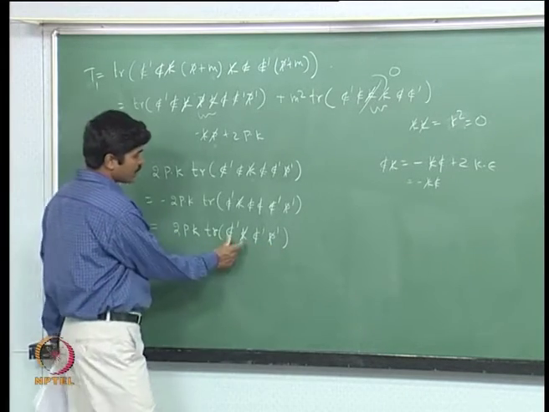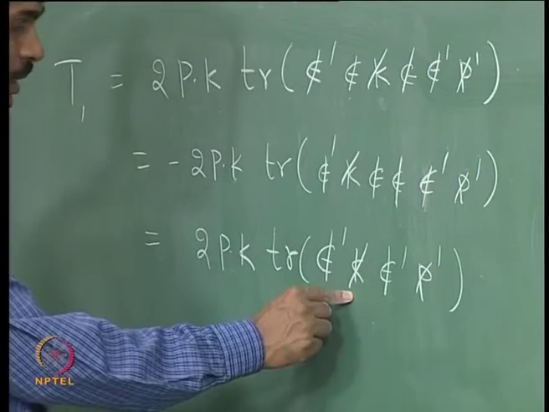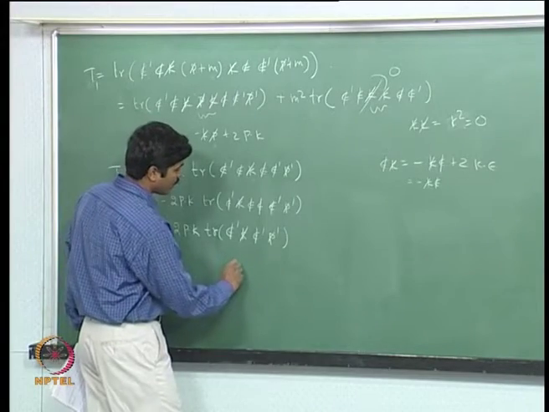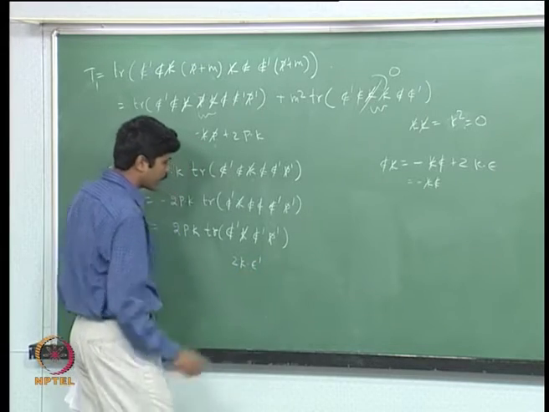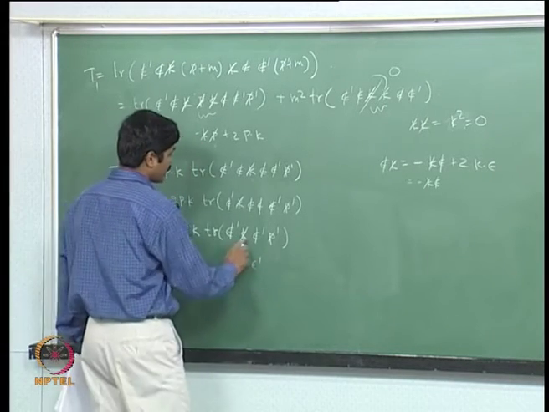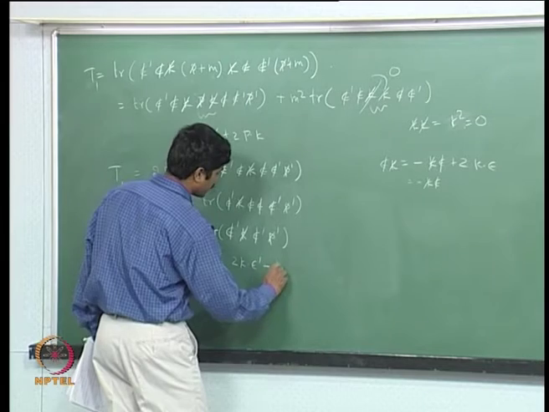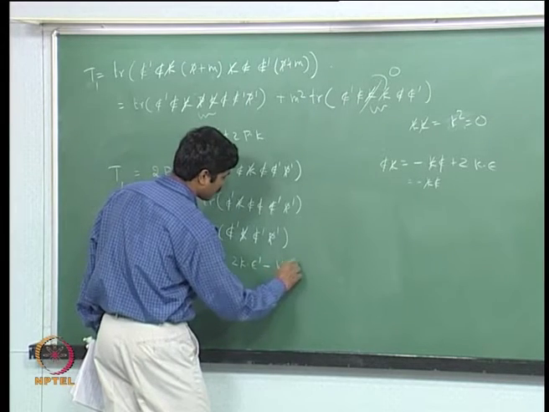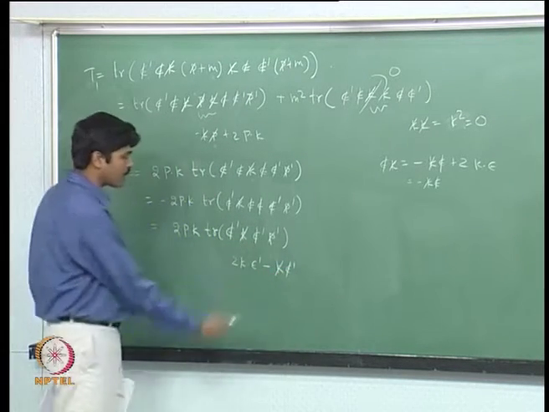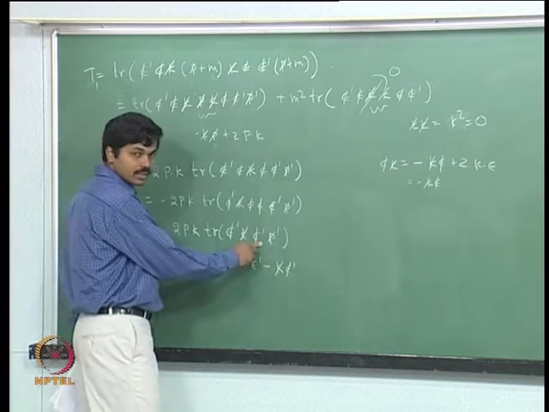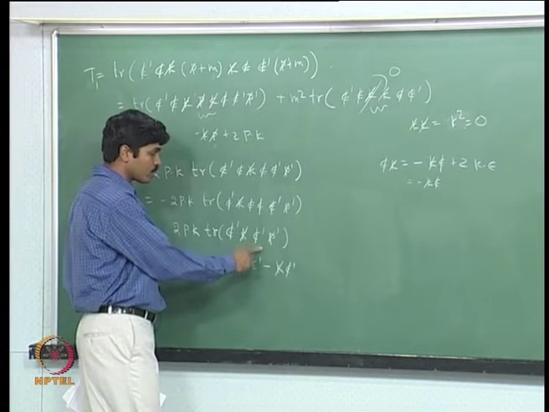Again, what I can do is that I can flip this here. So, that will give me twice k dot epsilon prime and then minus k slash epsilon prime slash, but then epsilon prime slash appears twice here. So, that will give me minus 1.